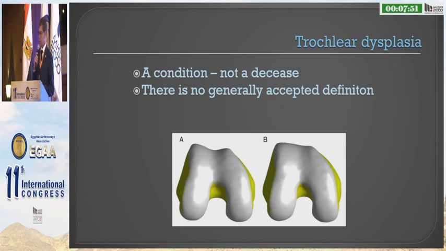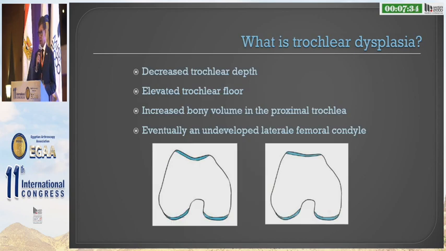So trochlear dysplasia, that is a condition. It's not a disease. There are many patients who will never have any symptoms. Another thing is that there's no generally accepted definition of trochlear dysplasia. So what is trochlear dysplasia?